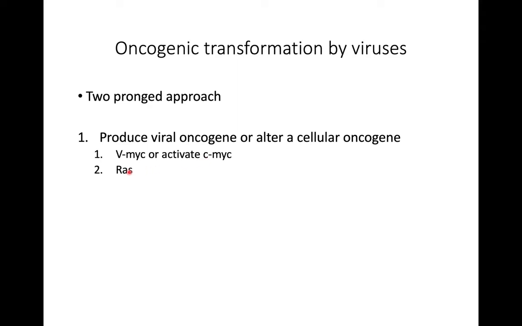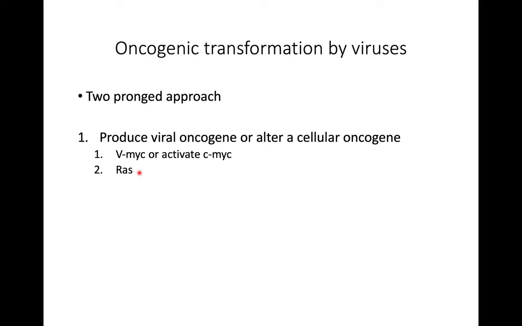Another really popular pathway for viruses to activate is the RAS pathway, which again does the same thing. It tells the cells it's time to divide uncontrollably, and we're losing one of those checkpoints that prevents the development of cancer. But this alone is not enough to make a sustainable cancer.